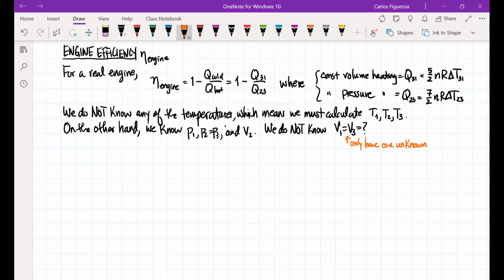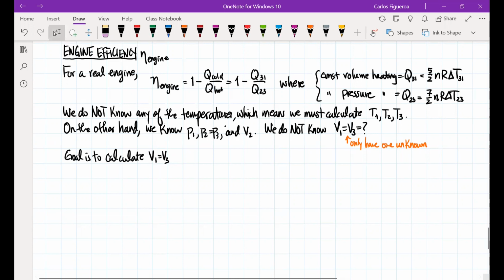So it makes sense not to calculate the temperatures. So our goal is to calculate V1, V3. And once we have that, we have everything that we need here.